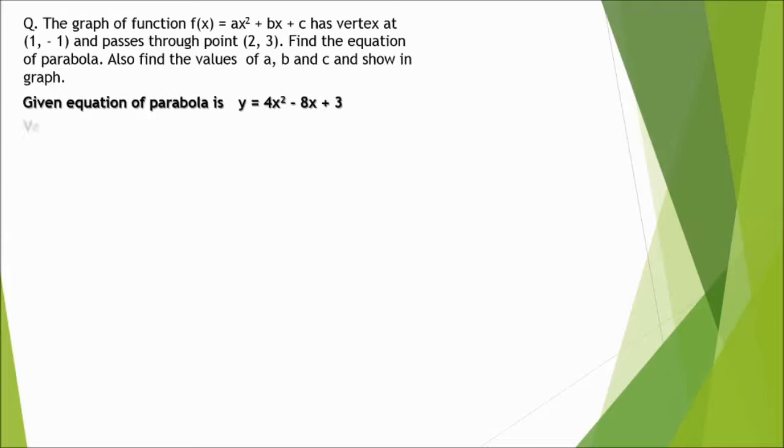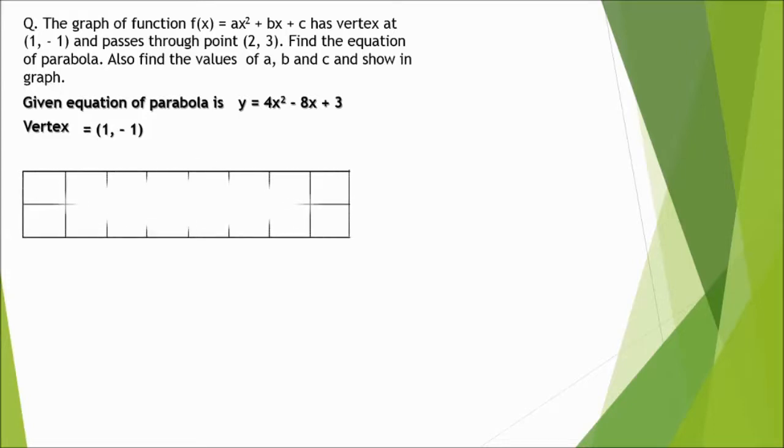Now the vertex, we know the vertex, that is h comma k, is 1 comma minus 1. Now we have to draw a table for x and y. First, the vertex in the middle here, 1 and minus 1.